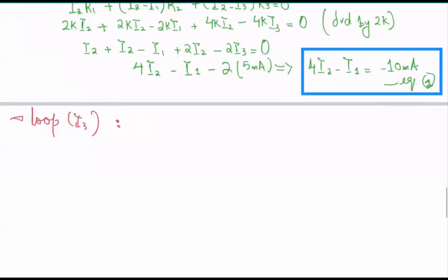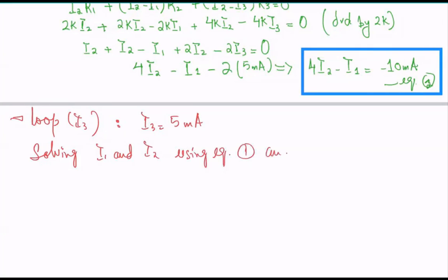We can just say that I3 equals 5 milliamps. Now, simultaneously solving for I1 and I2 using equations 1 and 2.